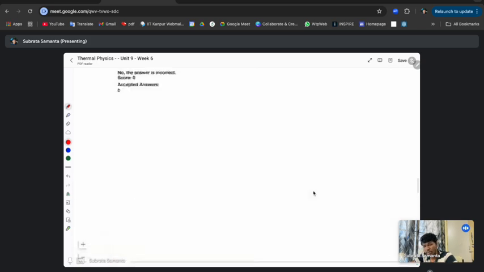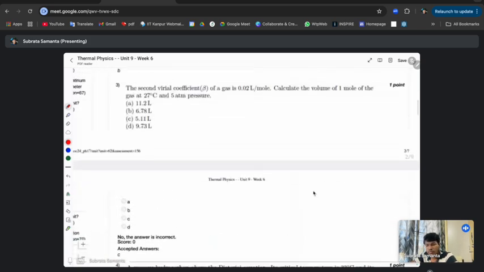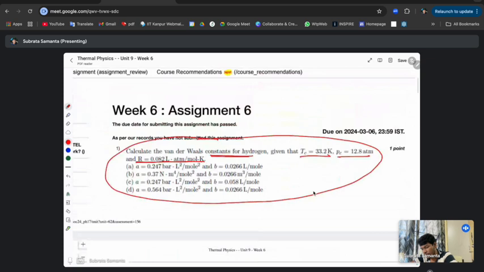So in this problem, you have to determine the values of A and B.